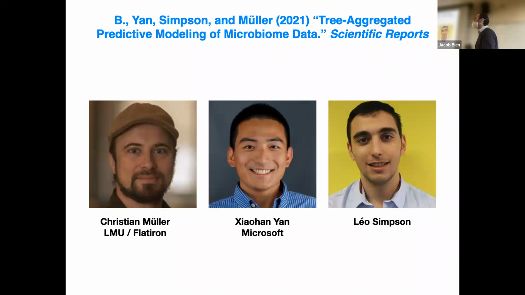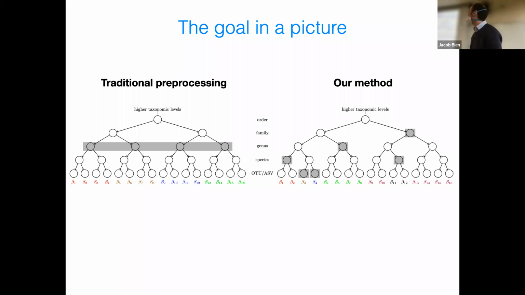Okay, so then we moved on to try to apply this sort of thing to microbiome data. This is with still Zhao Han, but also with my collaborator, Christian Mueller in Munich, and his student, Leo Simpson. As I said earlier, the traditional pre-processing might be something like the picture on the left, where you go to the level of genus, let's say. And what we're aiming for is something more flexible, like on the right.